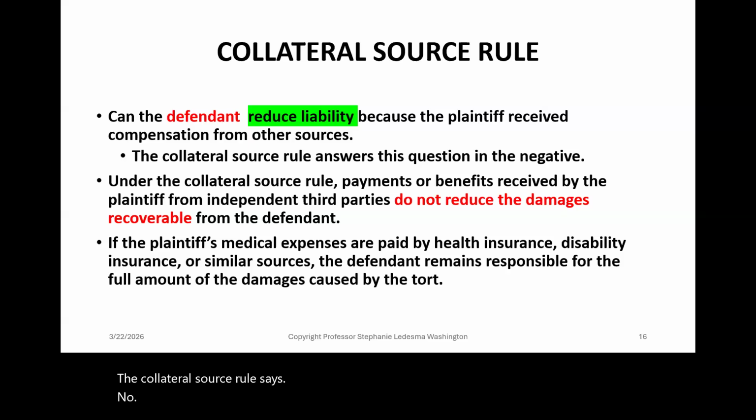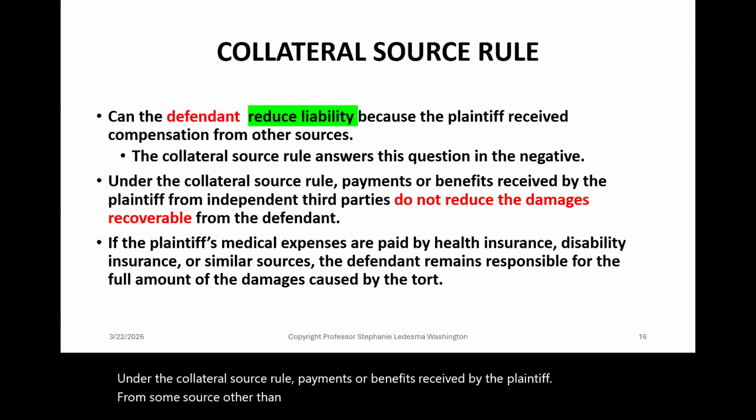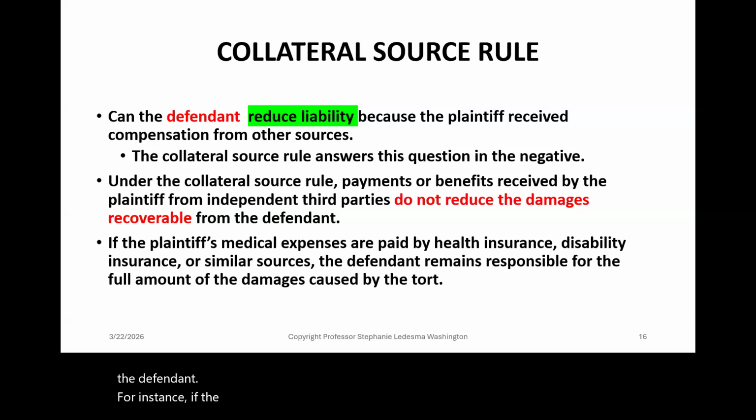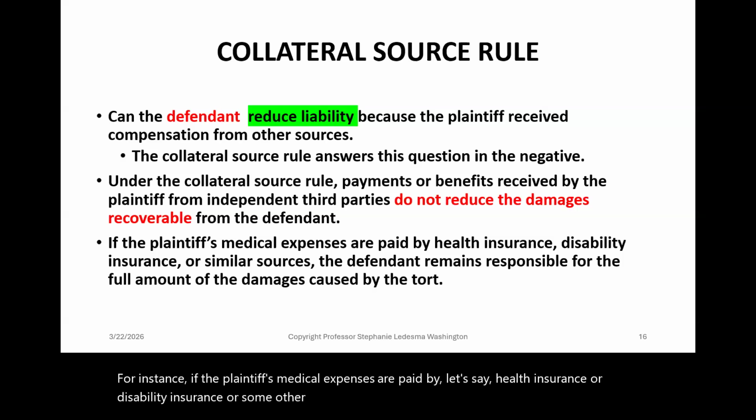Under the collateral source rule, payments or benefits received by the plaintiff from some source other than the defendant do not reduce the damages recoverable from the defendant. For instance, if the plaintiff's medical expenses are paid by, let's say, health insurance or disability insurance or some source other than the defendant, the defendant does not get a discount on the amount of damages that they are responsible for.